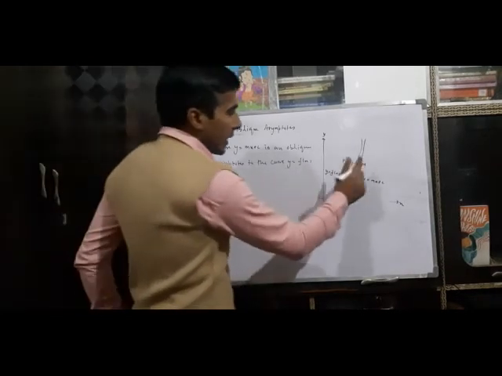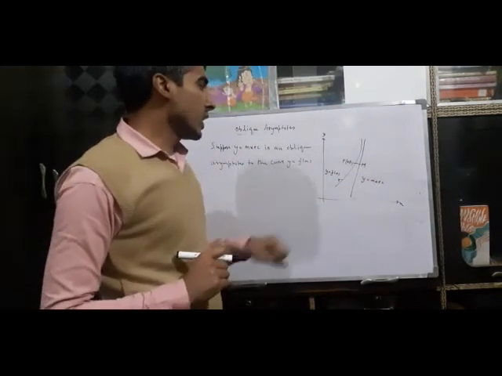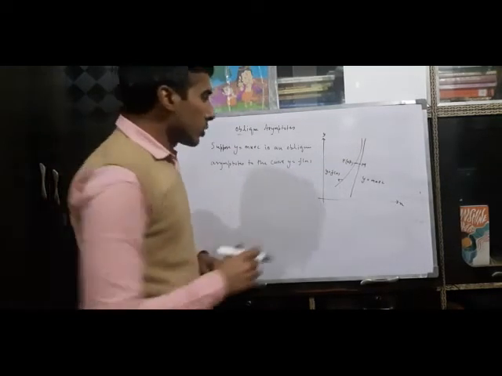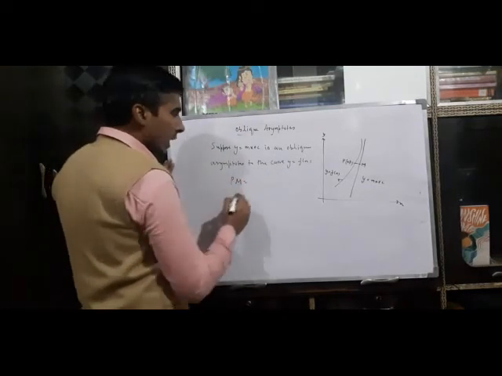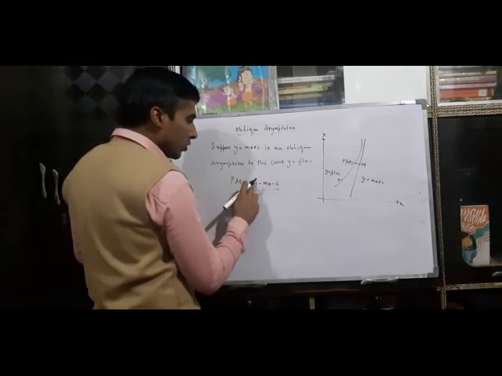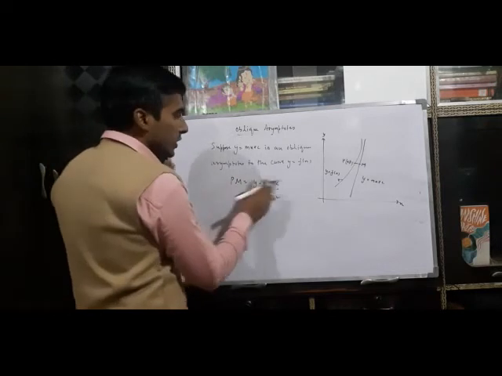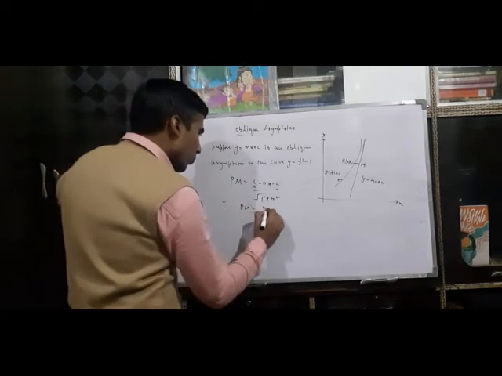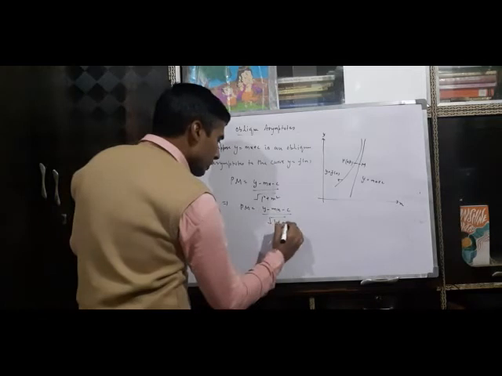Now we consider here that this point M is lying on the straight line y equal to mx plus c, and this point P lying on the curve y equal to f(x). So the perpendicular distance PM, you can rewrite it as (y minus mx minus c) upon root of (1 plus m square).